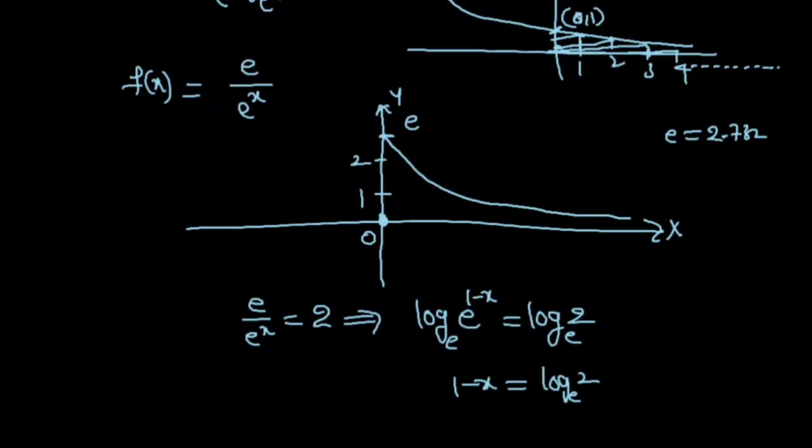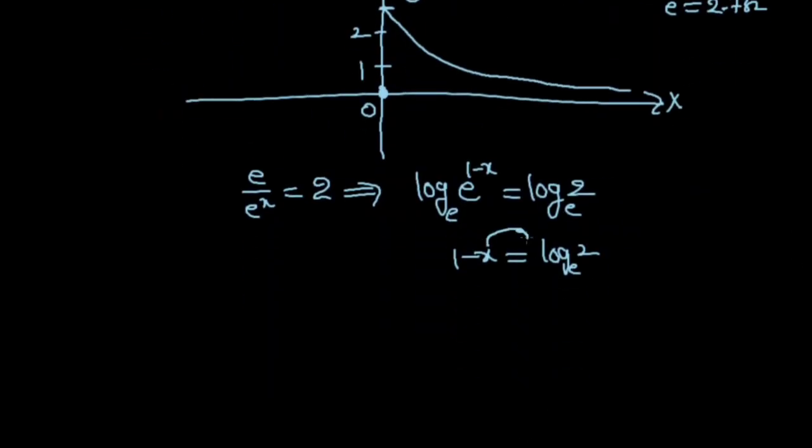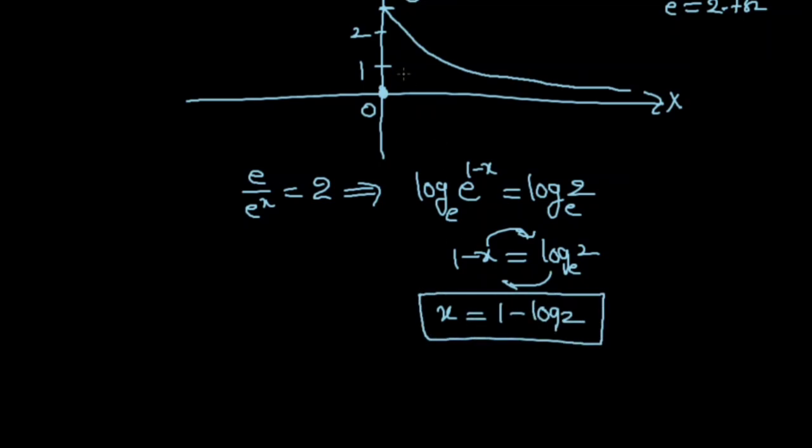Now if I send minus x to this side and log 2 to the other, x equals 1 minus log 2. So here the break, where we get result 2, is at x equals 1 minus log 2.